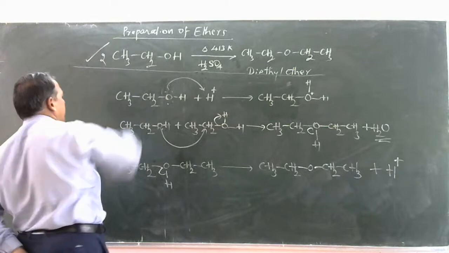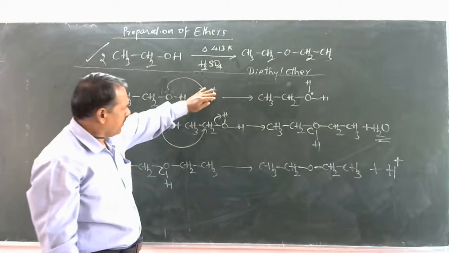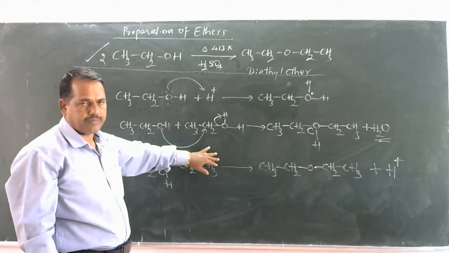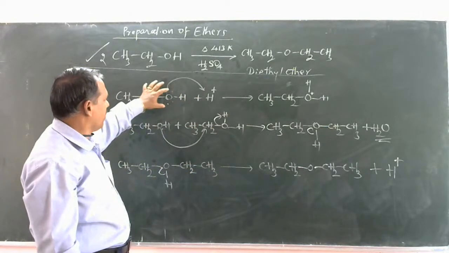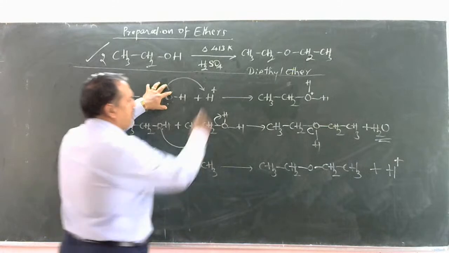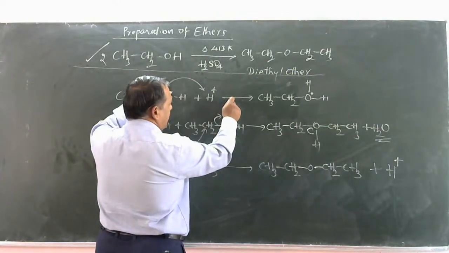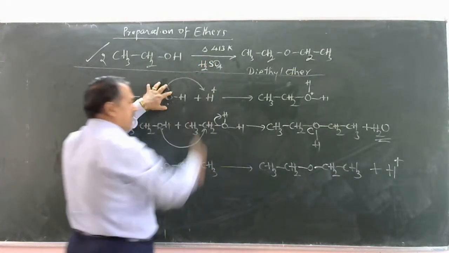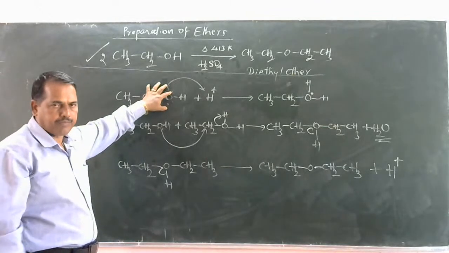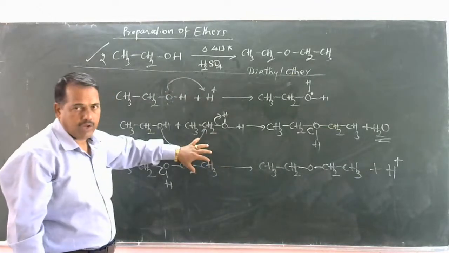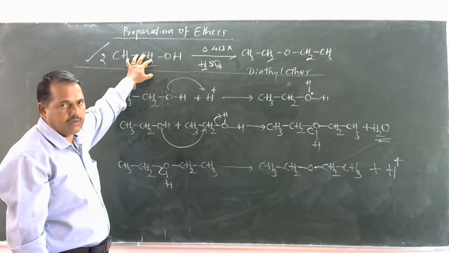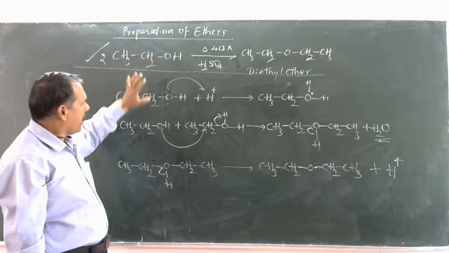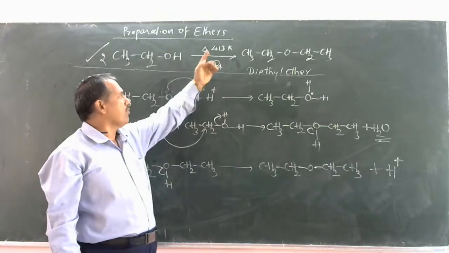You have to remember this equation, and it is followed by the mechanism. So what is step one? Protonation of the alcohol. What is the reaction condition here? In the presence of a protic acid like sulfuric acid. In the whole reaction, you have to remember the alkyl group should not be disturbed, and it takes place at a moderate temperature.